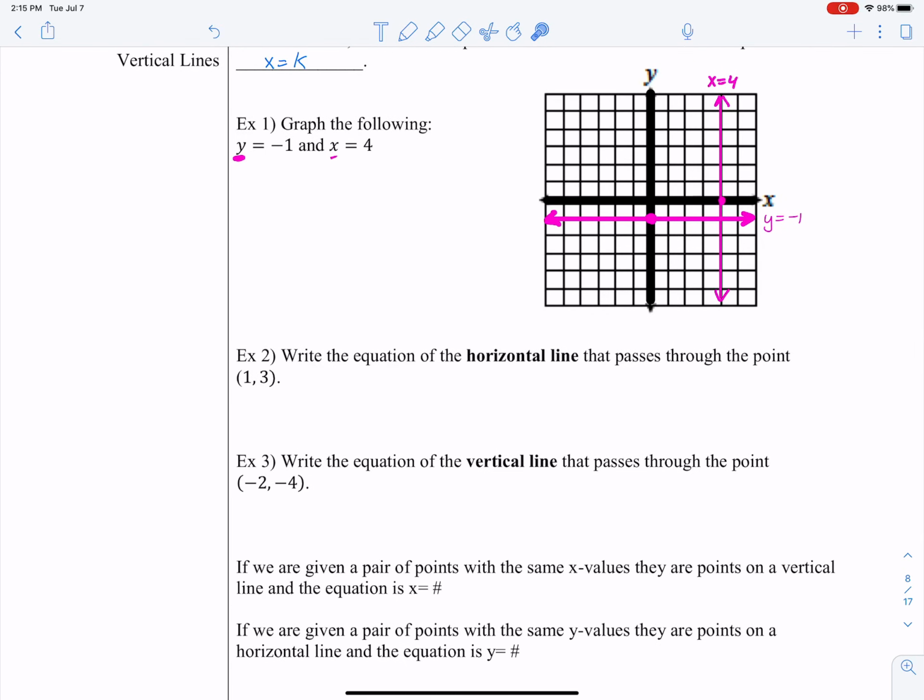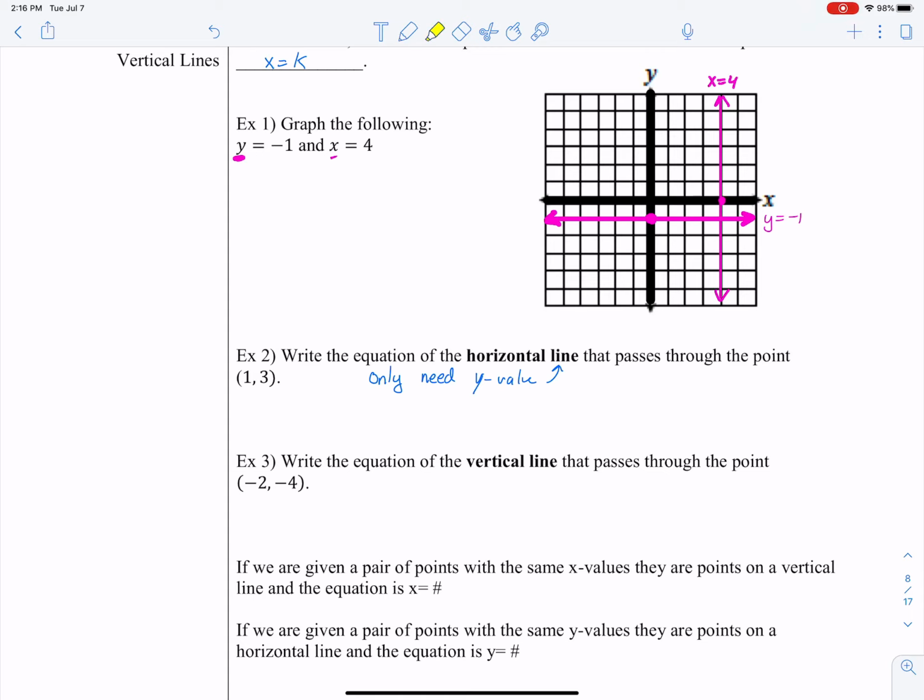So if we were going to say the equation of a horizontal line that passes through point 1, 3. So for horizontal, we're focusing on the y value. So we only need the y value since it's a horizontal line.